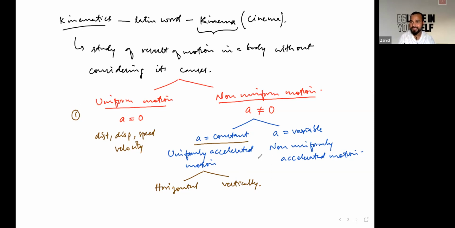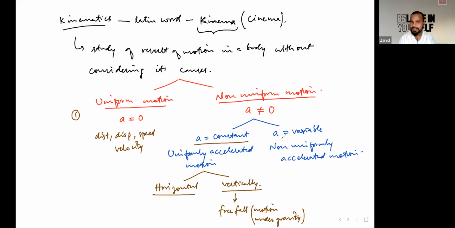If it is negative, you can call it retarded motion. This accelerated motion may be further divided into two parts, whether you are considering it along a horizontal path or along a vertical path. This vertical motion is also called free fall or motion under gravity.